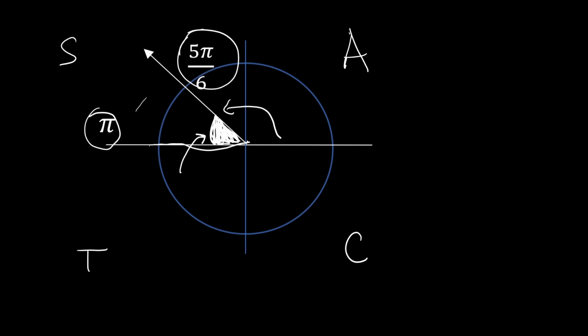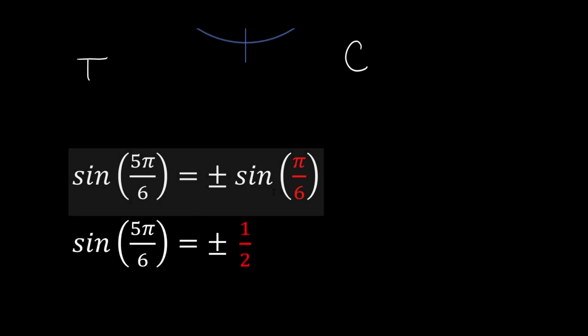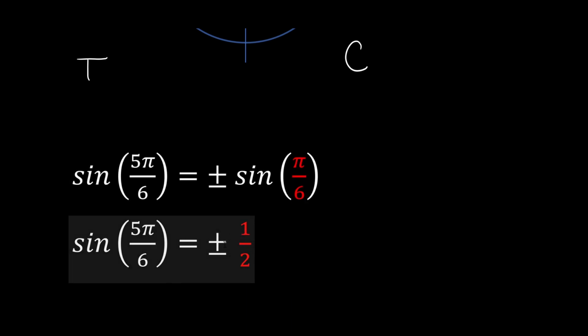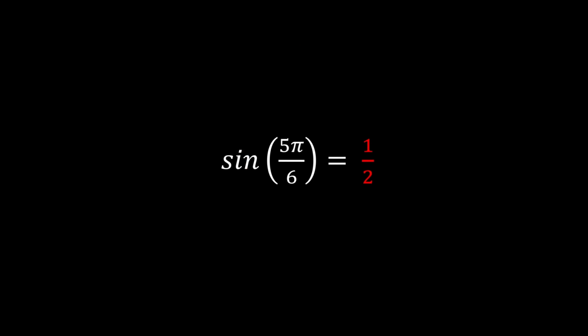And what trig functions are positive in the second quadrant? Well, sine. Sine is positive in the second quadrant. And we're dealing with sine here, right? So this means that our value is positive. Our answer is sine of 5 pi over 6 equals 1 over 2.